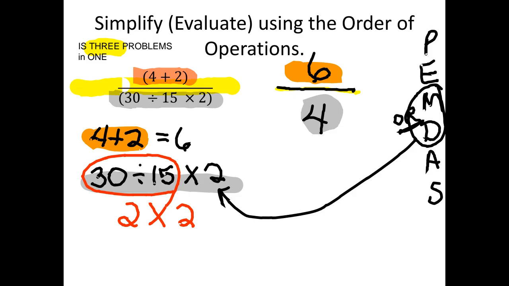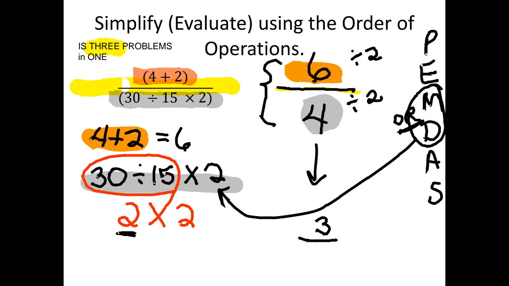Now, your book believes that you know how to reduce fractions. Well, this is 6 over 4. Well, 6 over 4 has got to be reduced. And we're going to divide by 2, which is 3 over 2. This is my answer.